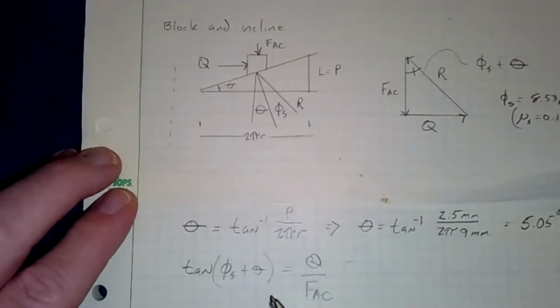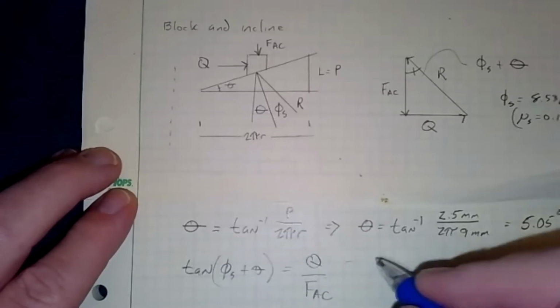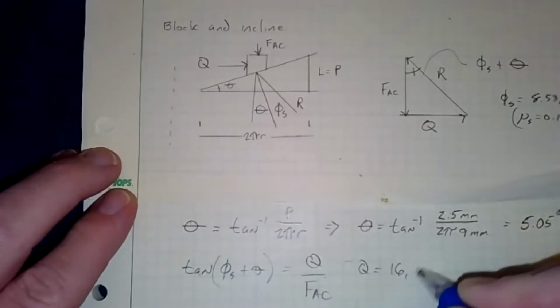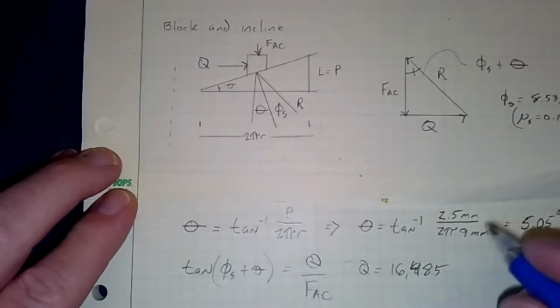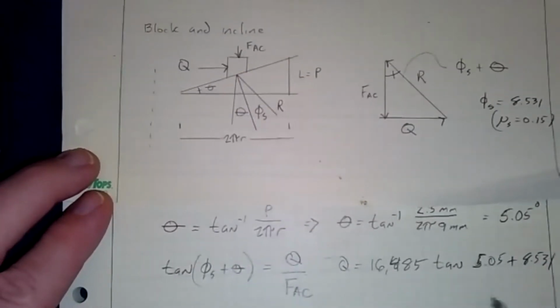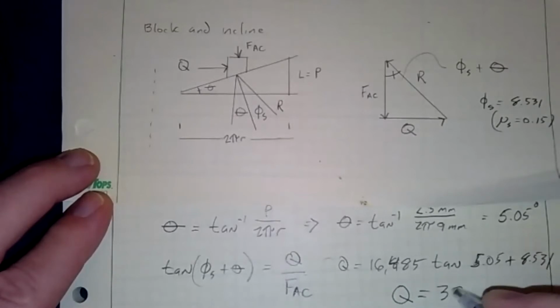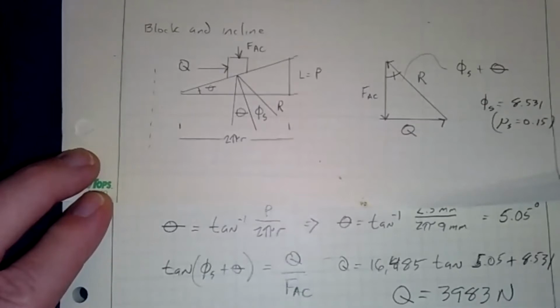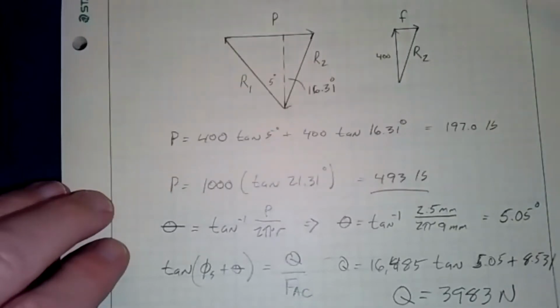So if we plug everything in, Q is equal to 485 times the tangent of 5.05 plus 8.531. So we get Q equals 3,983. Now we're not done yet, so we have Q.